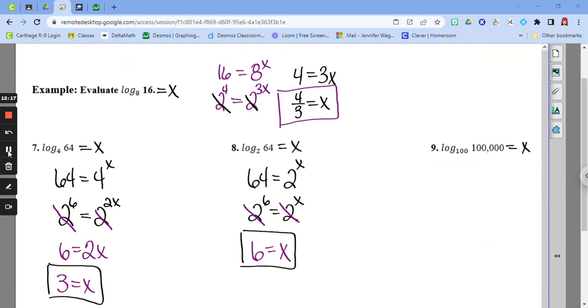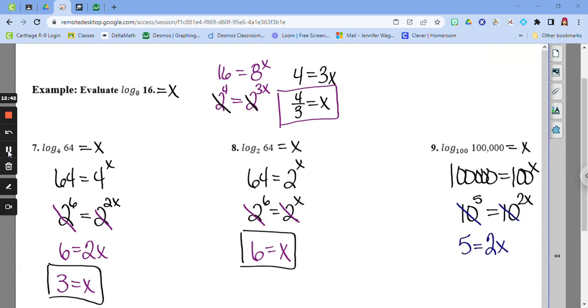The last one on this section, 100,000 equals 100 to the x. Using a base of 10 on this, 10 to the 5th equals 10 squared to the x. So it's now 2x. Drop our base. 5 equals 2x.